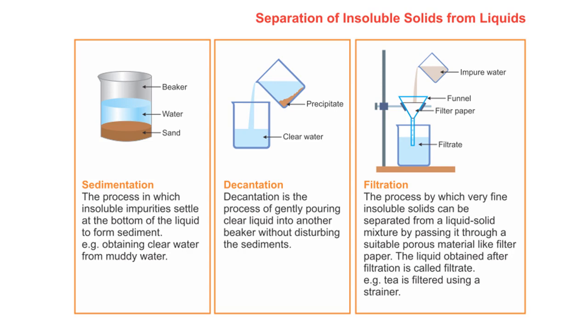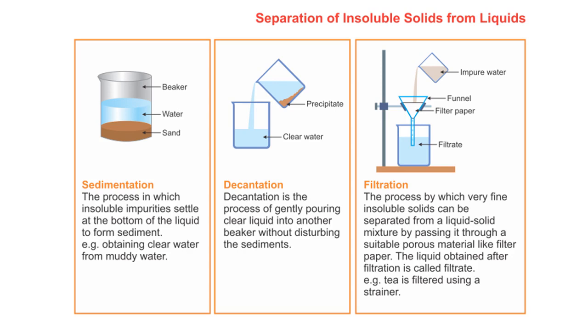So the next process is filtration. Finer filtration. Okay, so what is filtration? It is the process by which very fine insoluble solute can be separated from a liquid solid mixture by passing it through a suitable porous material like filter paper.